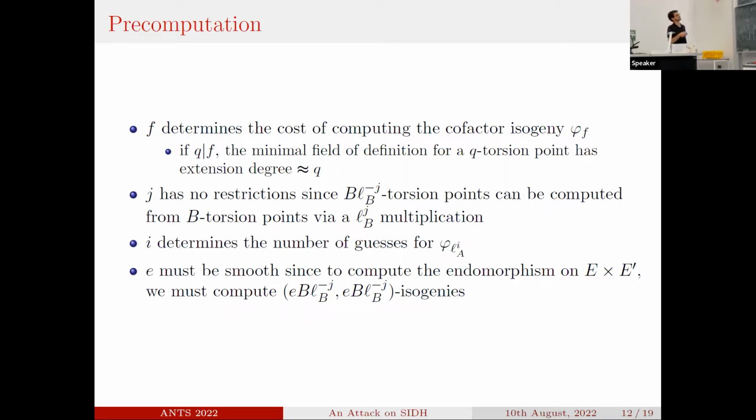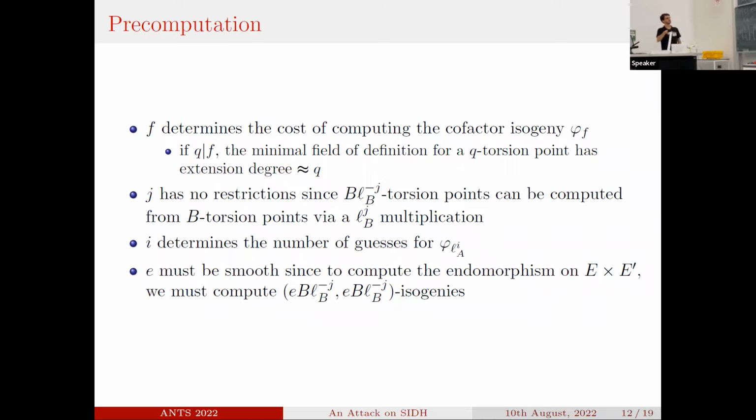In our setting for the concrete attacks on SIDH, B is a power of 2, so we know how to compute 2-isogenies from and onto elliptic products. As for E-isogenies over elliptic products, we don't know that much, but we know how to compute E-isogenies over Jacobians of genus 2 hyperelliptic curves.